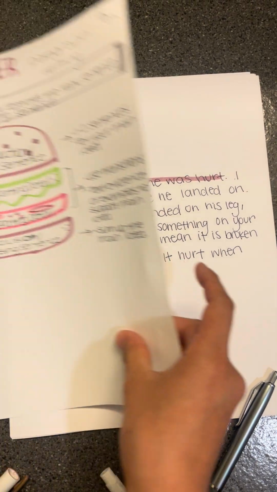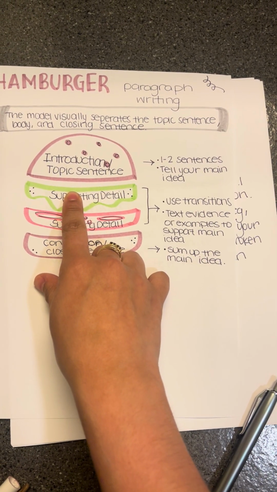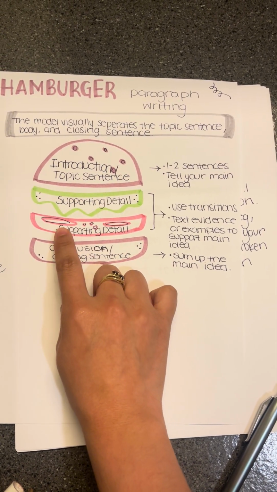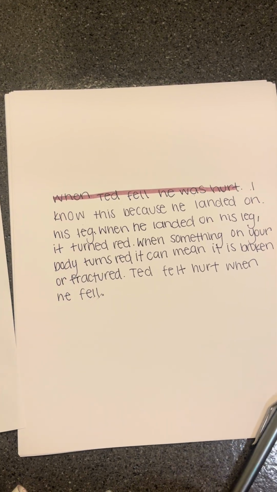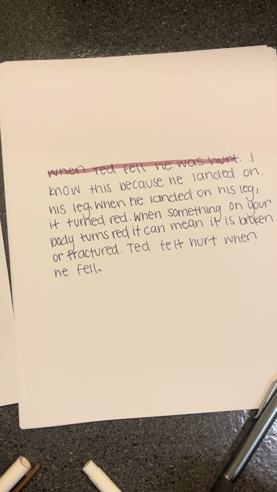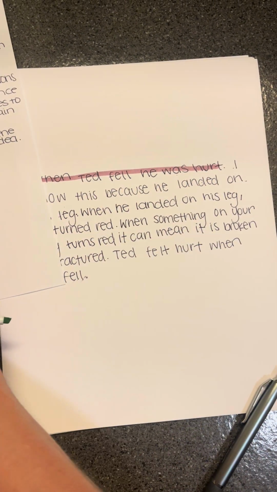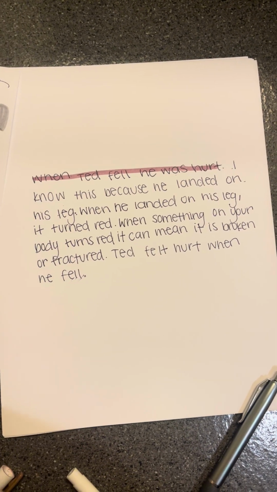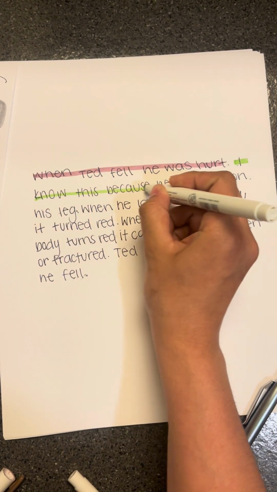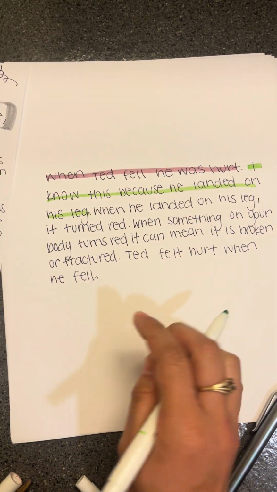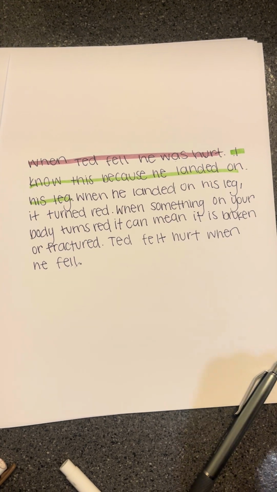I'm going to go back and look for my supporting details, my first one and then my second, with examples. So my first one is, I know this because he landed on his leg. That is my first supporting detail.